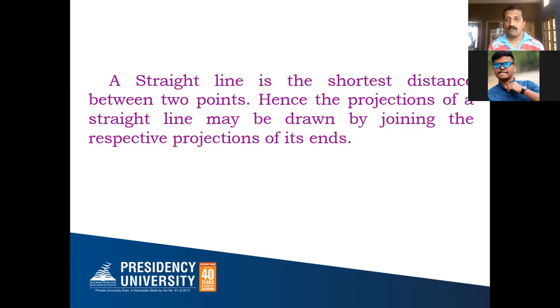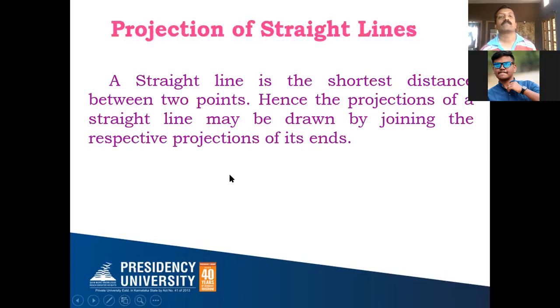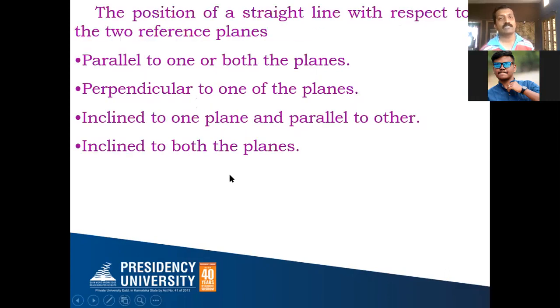And always VP should come above the XY line and HP should come below the XY line. Only the first quadrant we are going to discuss in the projection of straight line examples. And in the projection of straight lines, we have to get some more information before starting the exercises. Only the basics I'll give you in this class. So next class we'll start the exercises.